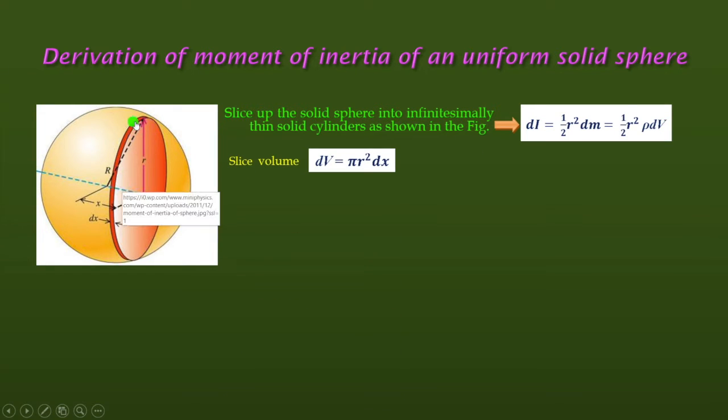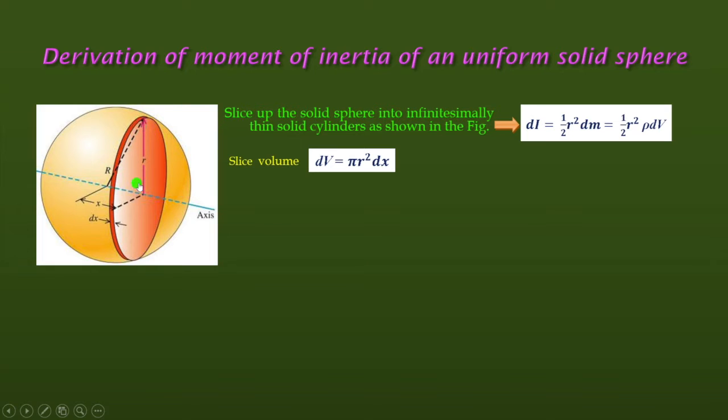Then the volume of the slice. What's the volume? It's a cylindrical section, so pi r square dx. Dx is the height, which here means thickness. We are assuming the cylindrical slice is at a distance of x from the center. For any point here, it is at a distance of capital R, which is the radius of the sphere.